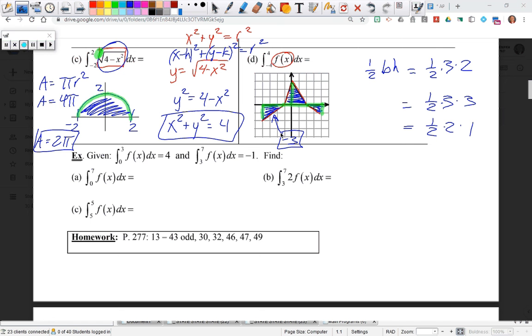What would the area be for the second one? 9/2 or 4.5, same thing, I like fractions. What's the area of the last one? Not 1, a -1, because it's below the x-axis. And this is where the negative errors come in, okay?